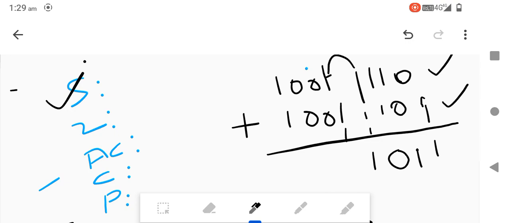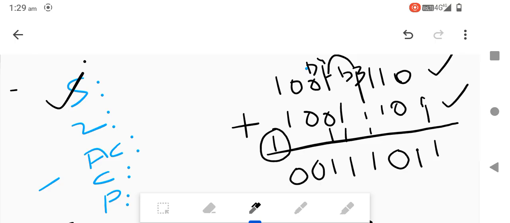So a carry is generated from D3 to D4 bit. Next, 1 plus 1 again 1 with carry 1, 0 plus 0 is 0, 0 plus 1 is 1. Next, 0 plus 0 is 0 and 1 plus 1 is 0 with a carry 1.